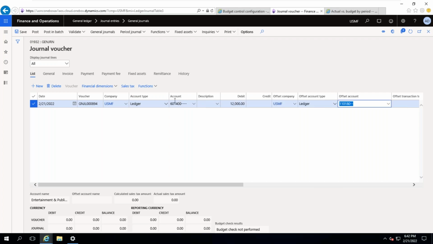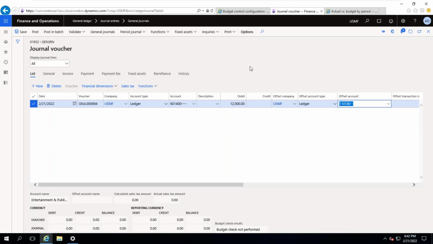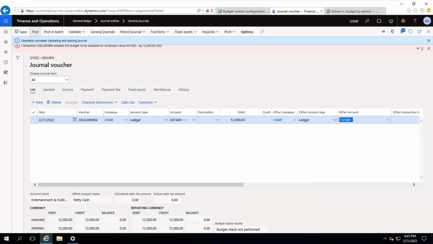Will that allow me to post? No. Budget is 8,000 only. I'm trying to post 12,000. What happens? Let me see. It is operation cancelled. Validating and posting journal. The transaction exceeds the budget funds available.